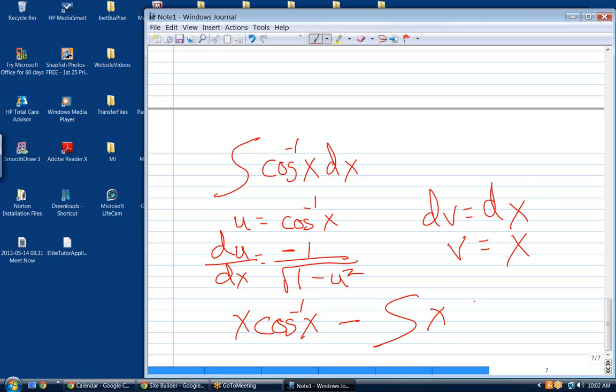So it's minus 1 over the square root of 1 minus x squared. This was supposed to be an x, excuse me, dx. In other words, this whole thing is du. In parentheses. Yep.